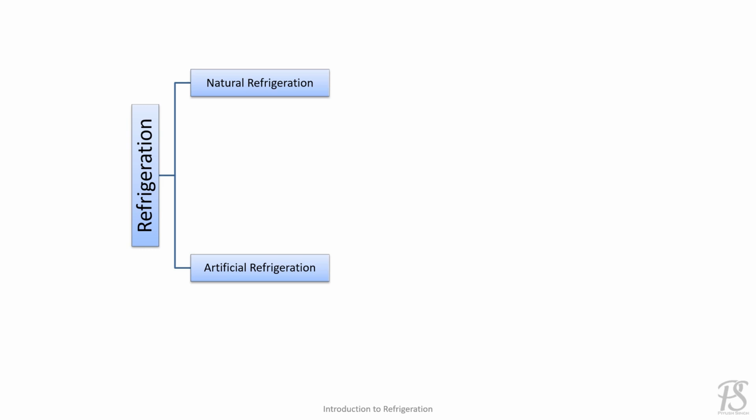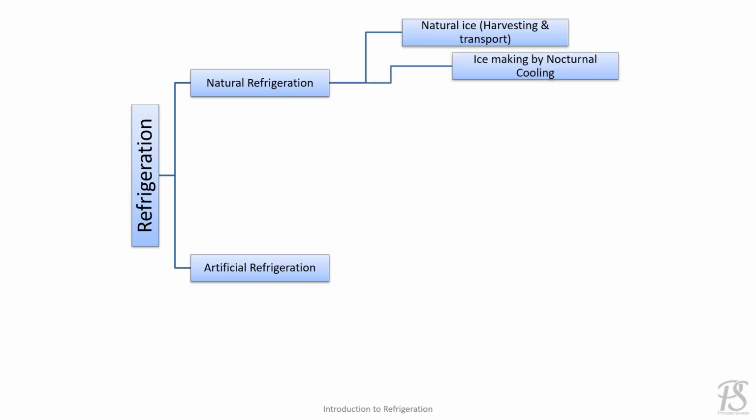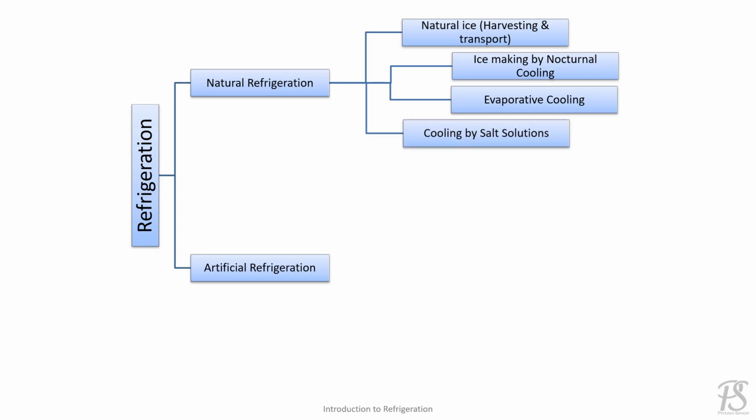The refrigerating techniques can be broadly classified as natural refrigeration and artificial refrigeration. Some prominent examples of natural refrigeration are refrigeration using natural ice making by nocturnal cooling, evaporative cooling, cooling by salt solutions. Similarly, the most popular artificial refrigeration technique is the vapor compression refrigeration system, also known as VCRS.